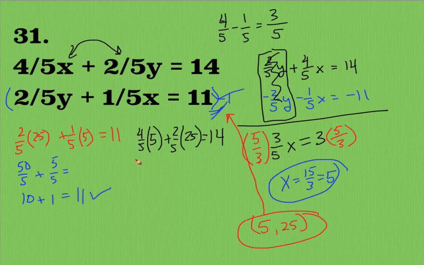So 4 times 5 is 20 over 5, plus 2 times 25 is 50 over 5. So 20 over 5 is 4, plus 50 over 5 is 10. Does that equal 14? Yes, it does. So both of these check out. So this coordinate point is in fact the solution to both of these equations.